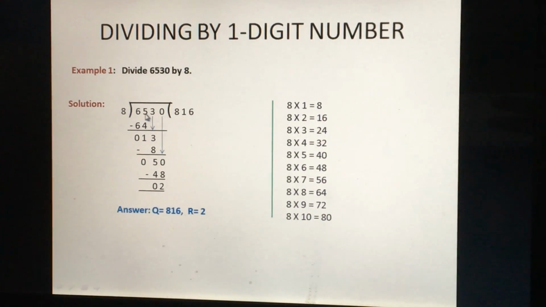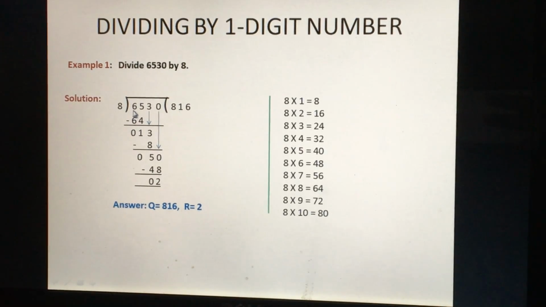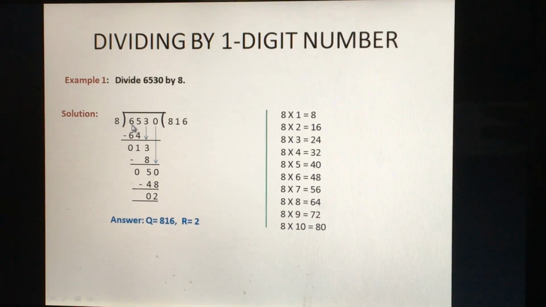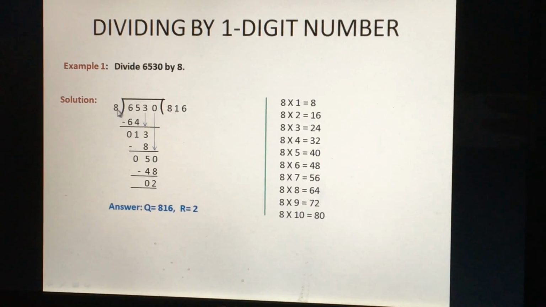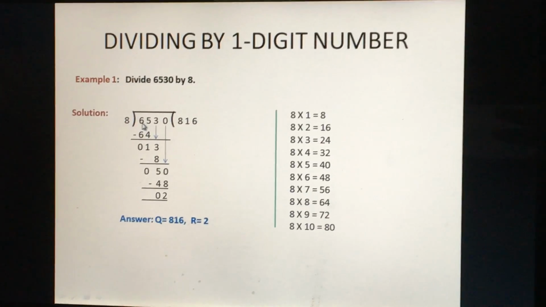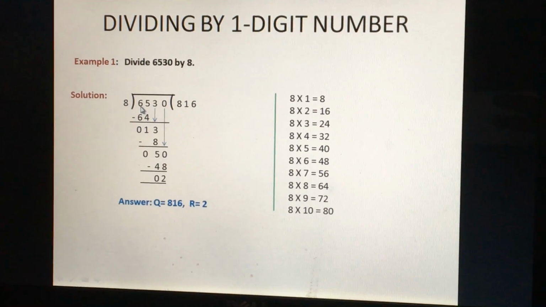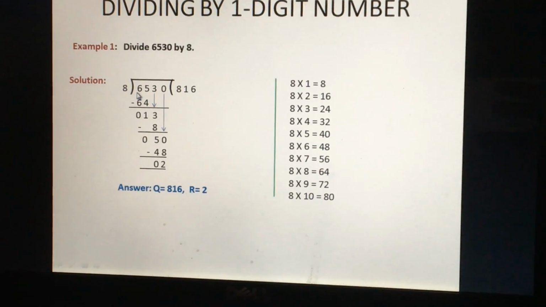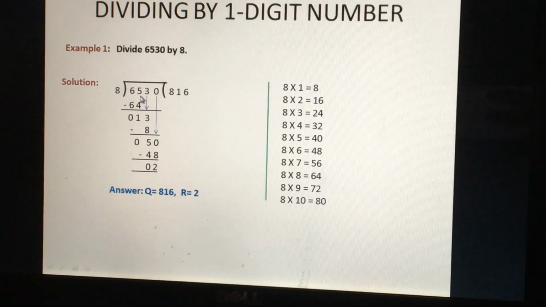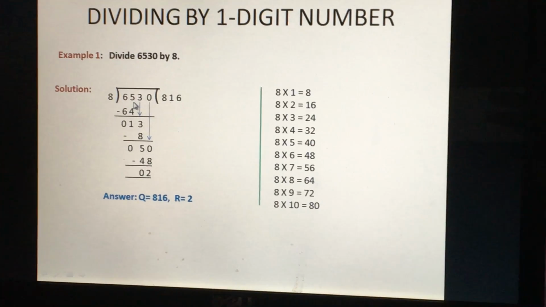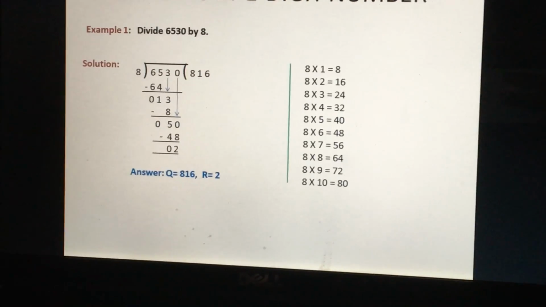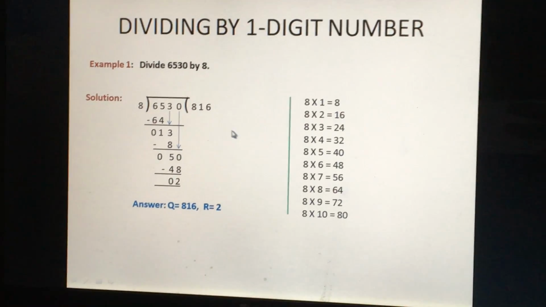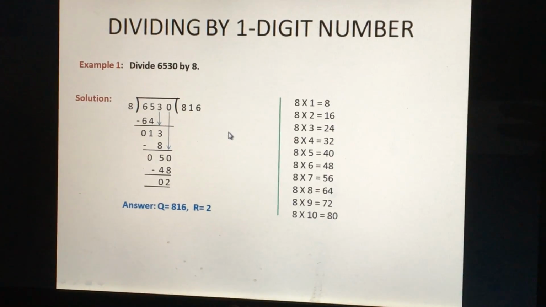Now first we will start from the left side digit 6. Now we know that 6 is less than 8, so we cannot divide 6 by 8. So what will we do? We have to take 2 digits. So we will take 65 and think of a number in the table of 8 which is equal to 65 or less than 65.